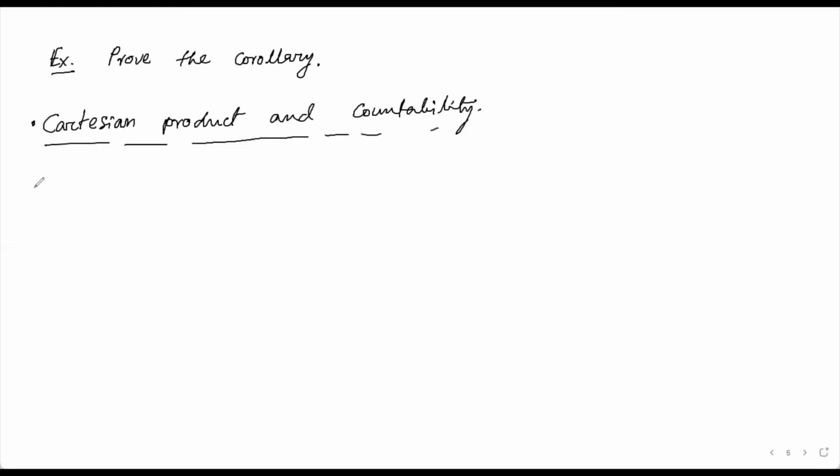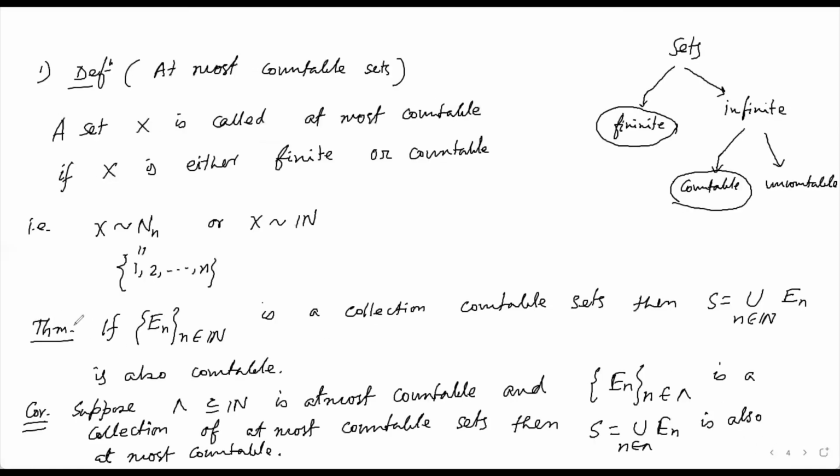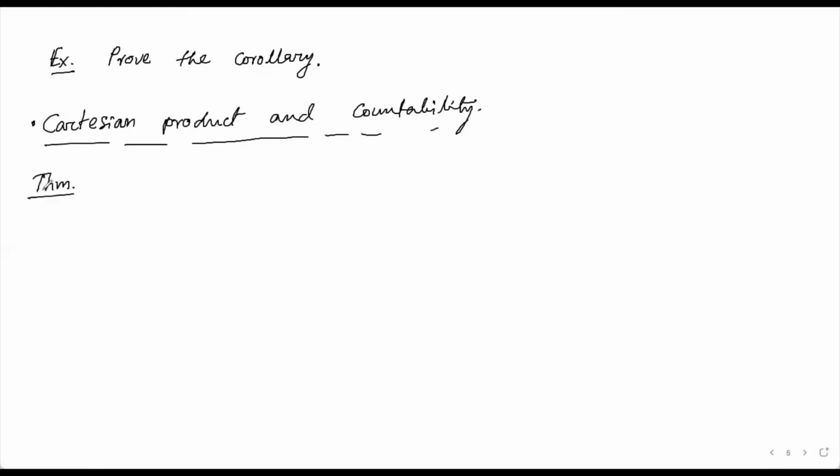Here the main theorem is the following. Let me label this theorem 1, corollary 2, and this is theorem 3. Here is the statement. Let X1, and so on, Xn be countable sets.